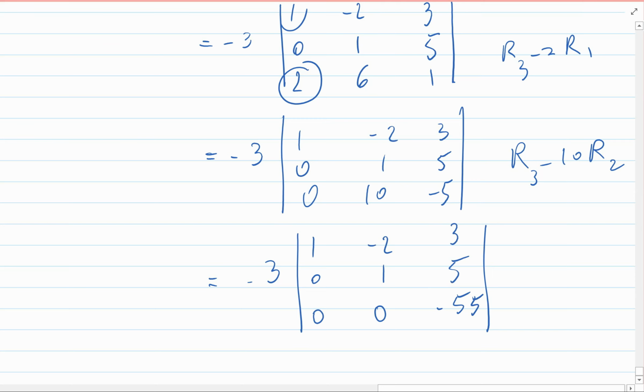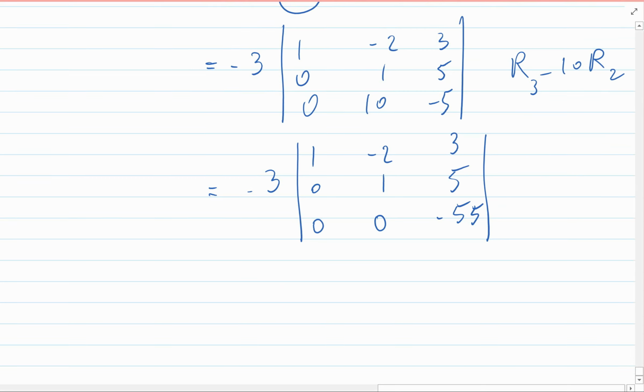So now if I develop along cofactor expansion, if I develop along the first column, it's going to be 1 times the determinant minus 0 times the determinant, plus 0 times. So the zeros will disappear. So we will find minus 3 times 1 times the determinant of 1, 0, 5, minus 55.